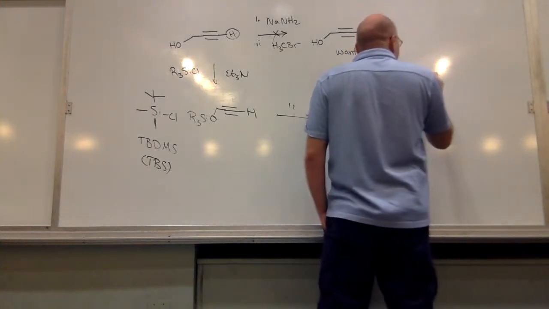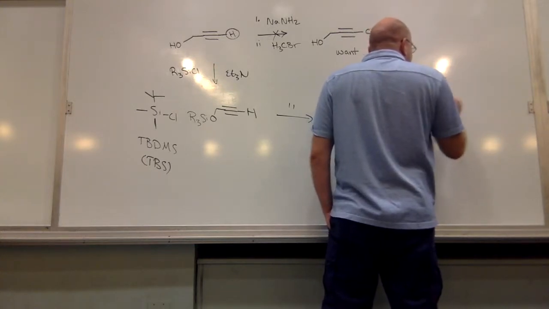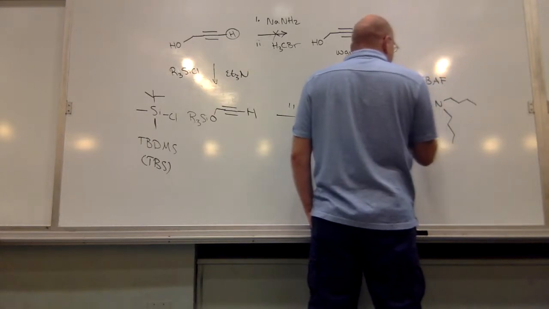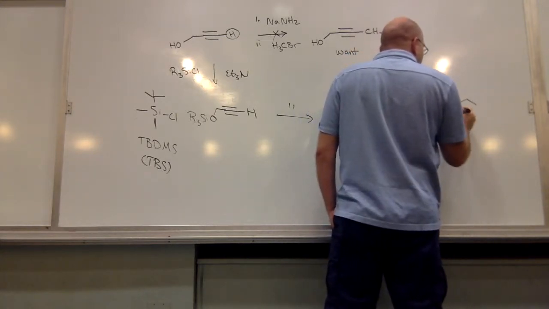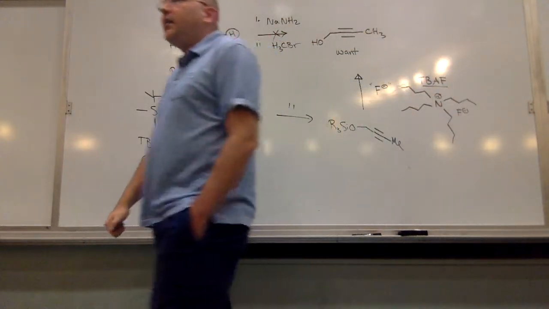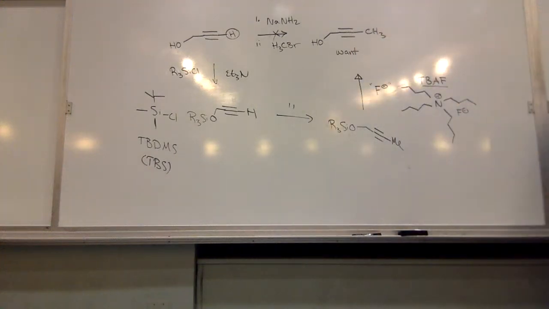TBAF is a fluoride salt. It's a tetrabutyl ammonium salt, so that's tetrabutyl ammonium fluoride. It's a salt, but you also notice that it's very greasy. Similar to what we were talking about with PCC, even though it was a salt, it had the greasy pyridine, which made it organic soluble.